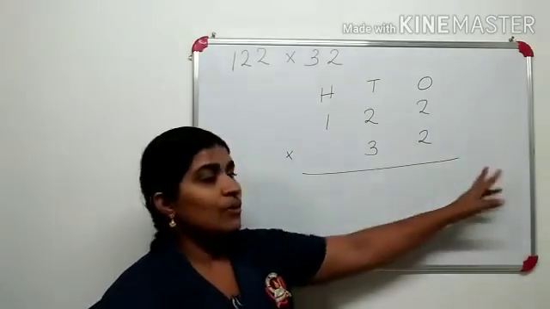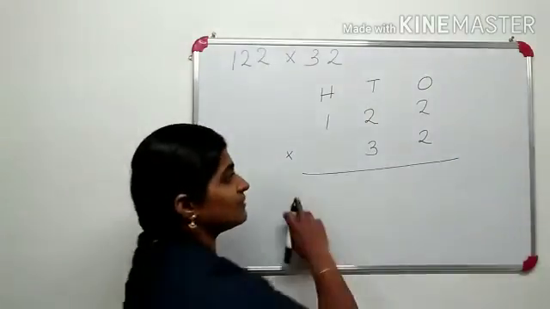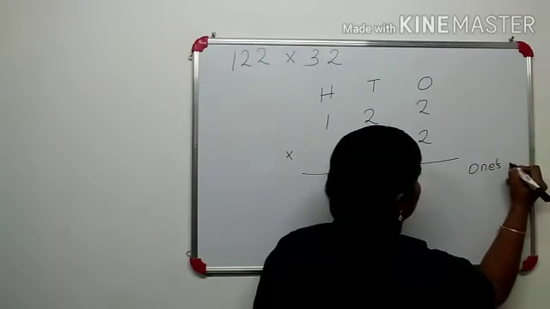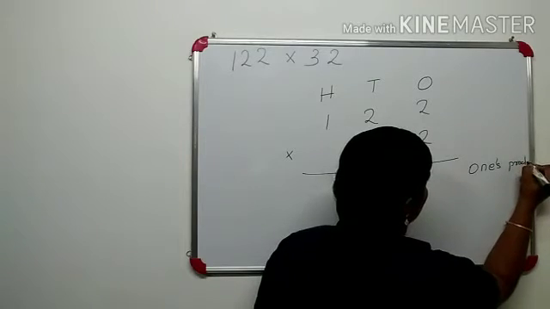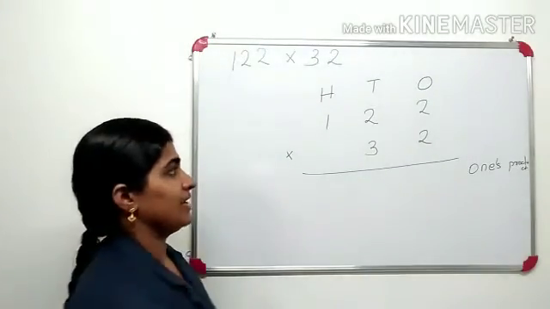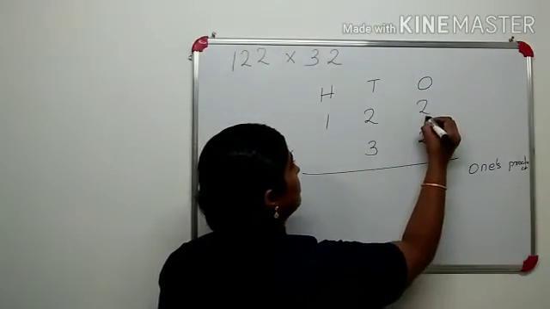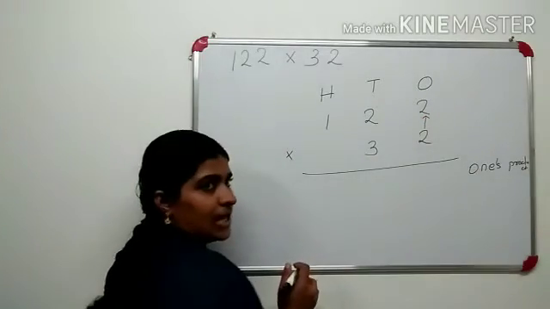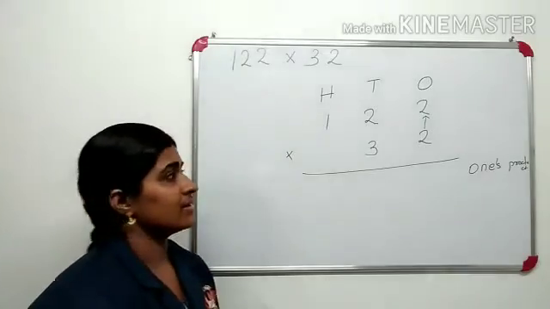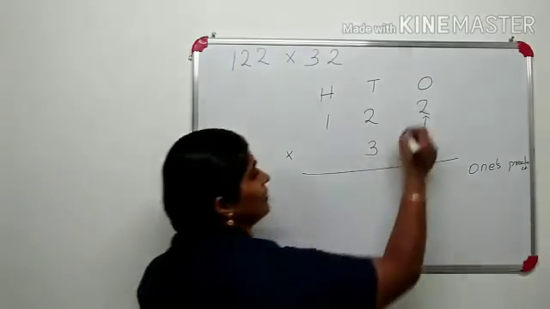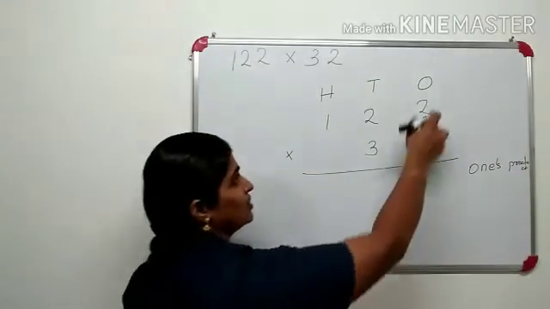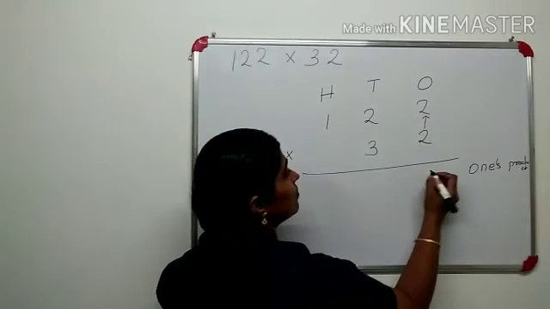Then what is the name of that product? Yes, ones product in the first line. Then we are starting our multiplication. First we start from ones place. 2 2s are, you already know the multiplication table of 2, right? Yes, 2 2s are 4. So we are writing our answer in ones place.